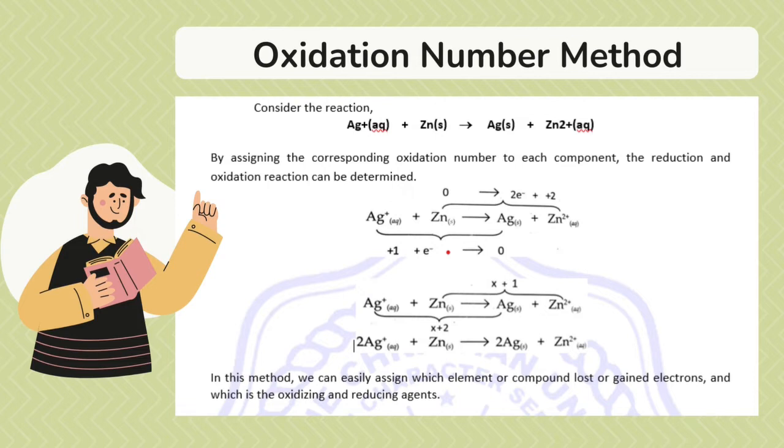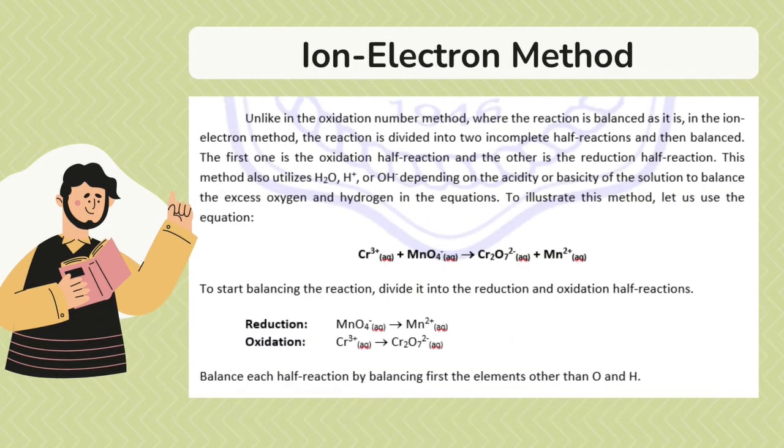For the number of electrons gained and lost, we have negative 2 and positive 2. With that, we can say that under the oxidation number method, we can easily balance the chemical reaction just by putting a coefficient. Next, we have another method of balancing a redox reaction, the ion electron method.